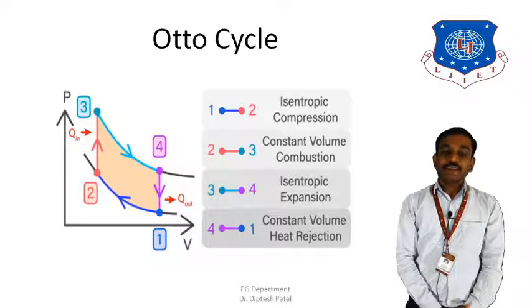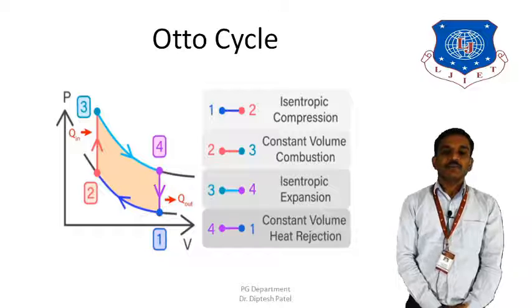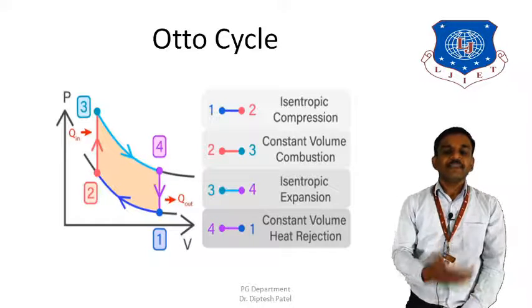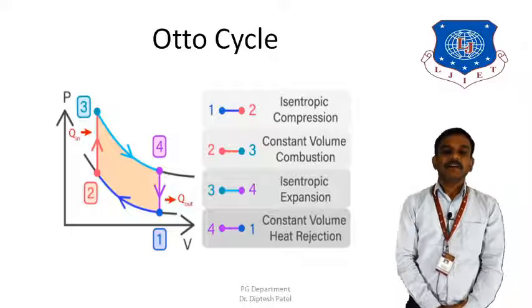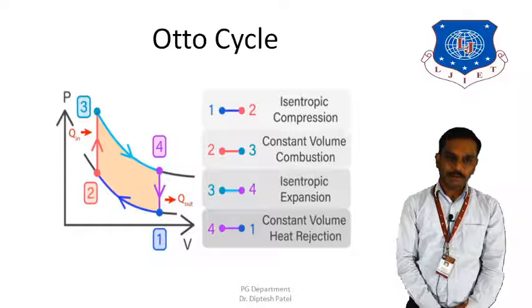It also increases the temperature but reduces the volume. Then 2 to 3 is a constant volume process in which the heat is added. So basically the air and fuel mixture is ignited with the help of the spark plug during this process. During this process the volume remains constant, however the pressure and temperature both increase to their peak point.